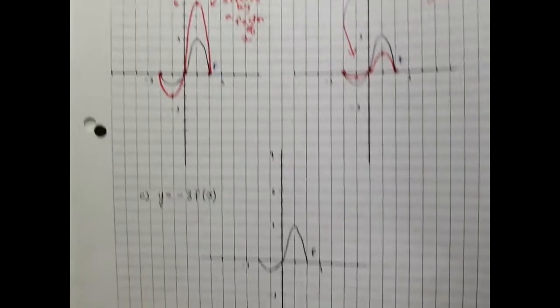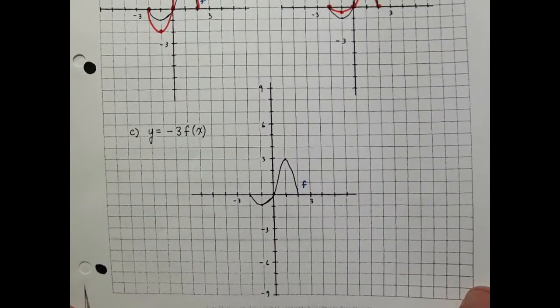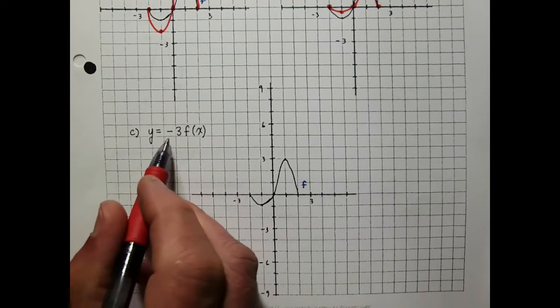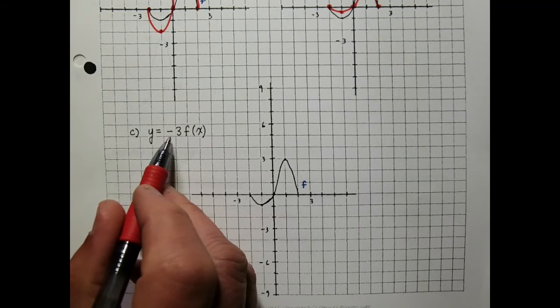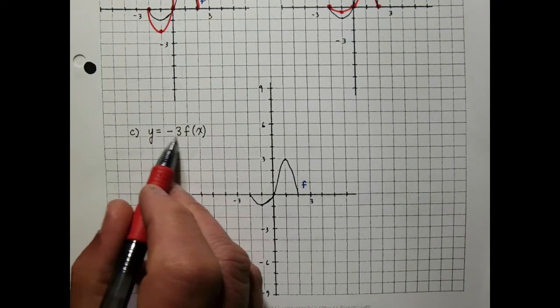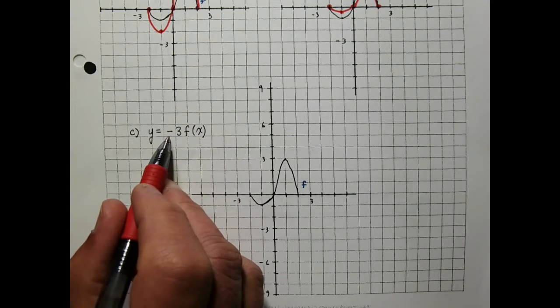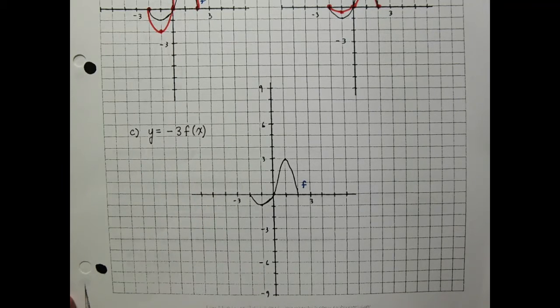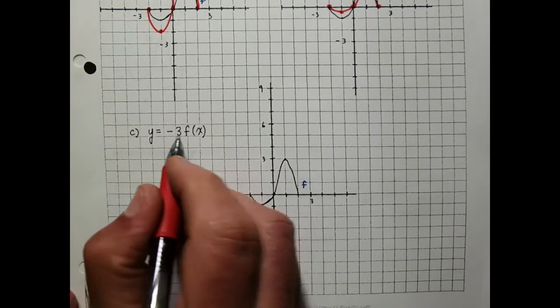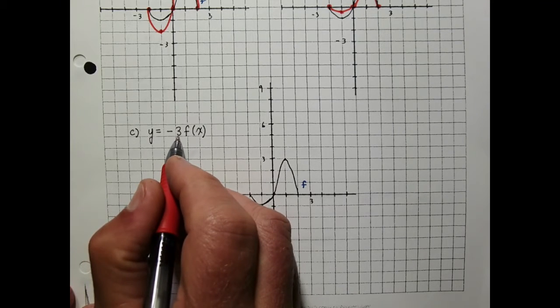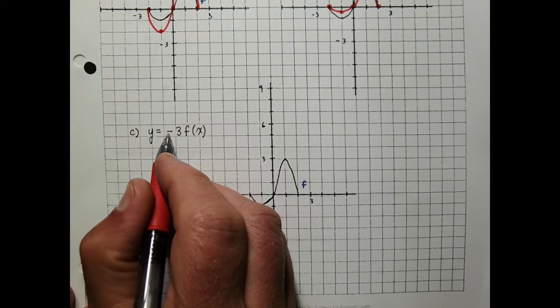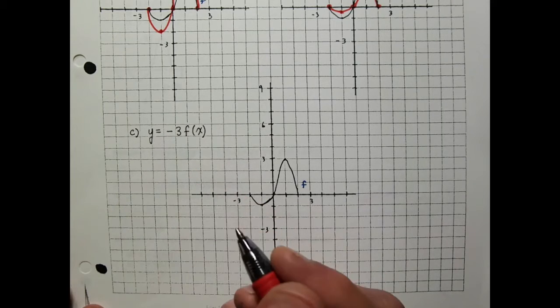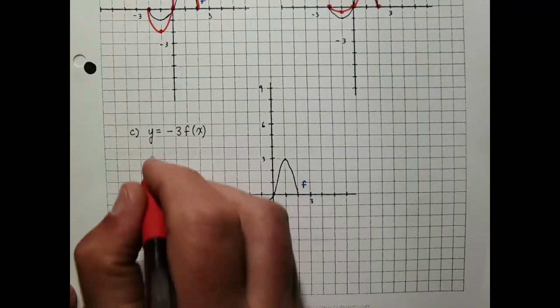Now let's go on to the third graph, C. And again, in my box, I didn't mention a negative constant. This negative constant we're just going to think of as a combination of 2 operations. Think of it as multiplying by 3 and then reflecting by adding the minus sign.